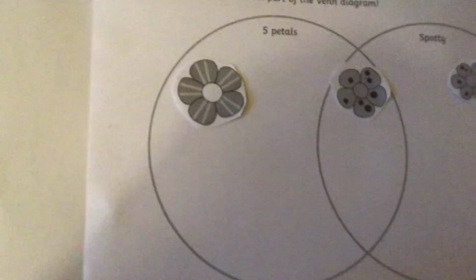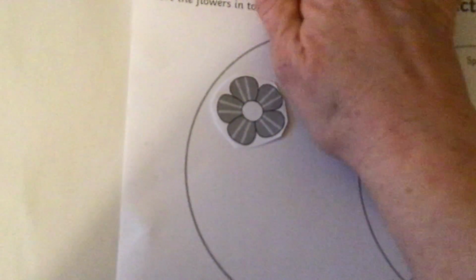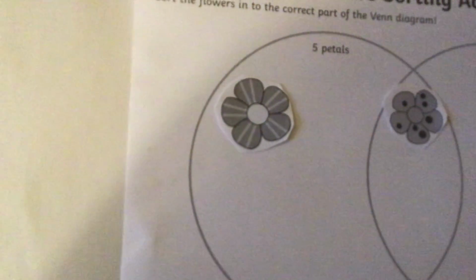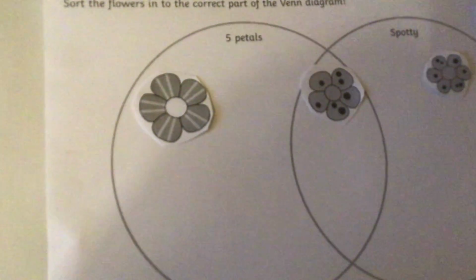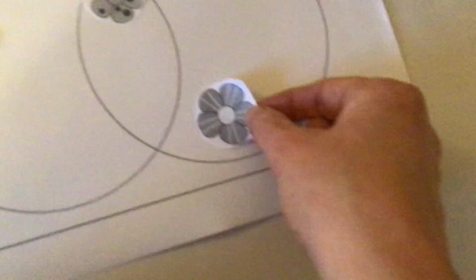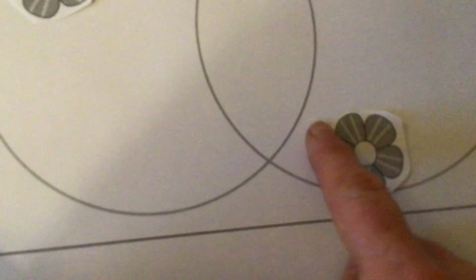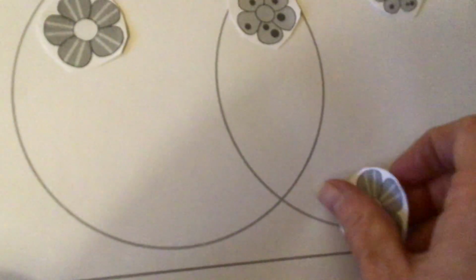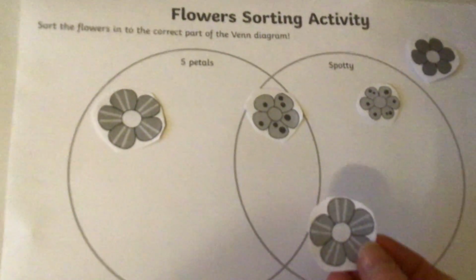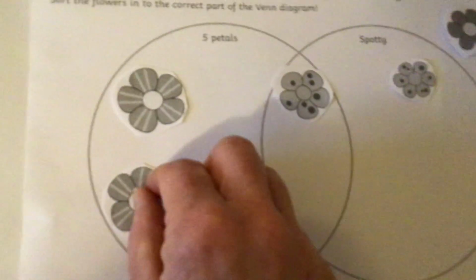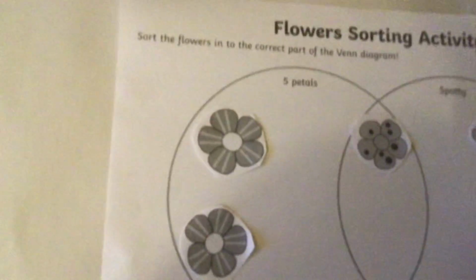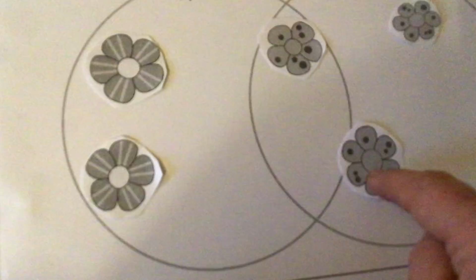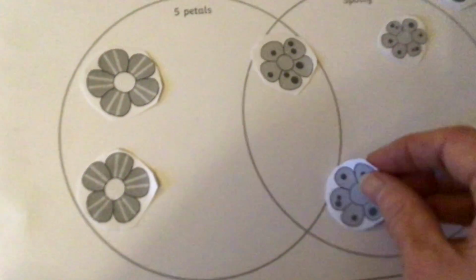Let's try a couple more. This one. 1, 2, 3, 4, 5 petals. No spots. Where's it going to go? That's right. 1, 2, 3, 4, 5, 6 petals, but it's spotty.